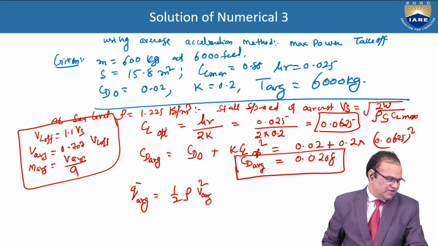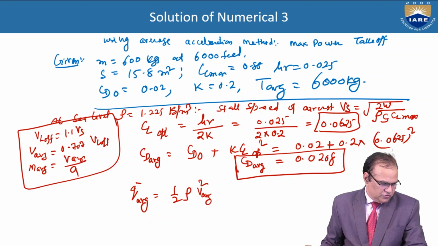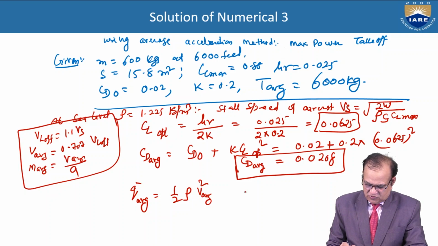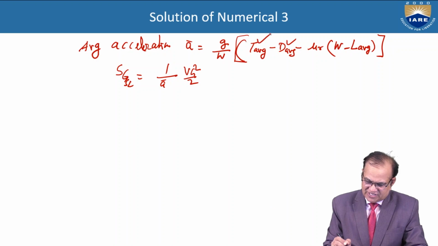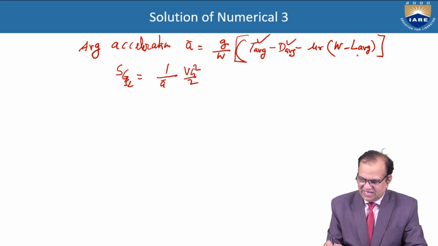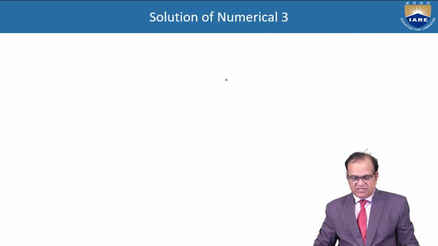We can find out all these things. You can get this D average also, because we got this CD. So D is equal to half rho V square S CD average. You know the V, all the things are known. So you can get the D average. So in this equation, D average, T average is given, mu r is given, W is given, L average also we can find out, and putting these values we will get SG. So in this way we can solve these equations.